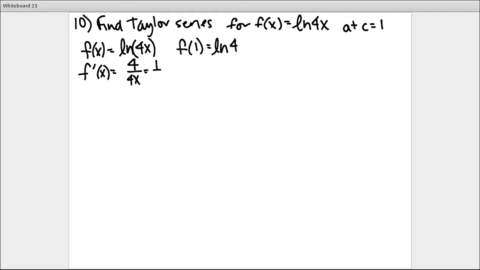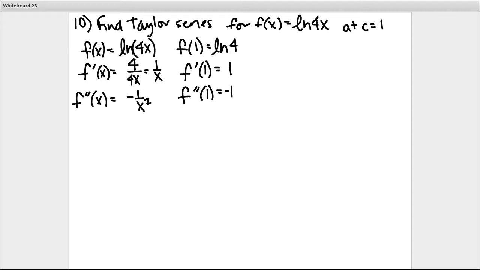Well, that's just 1 over x. And so the first derivative evaluated at 1 would just be a 1. And then the second derivative would be negative 1 over x squared. And so evaluating that at 1 will be a negative 1.